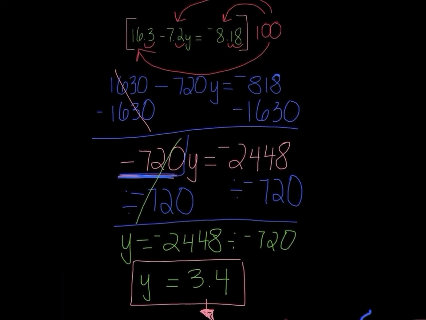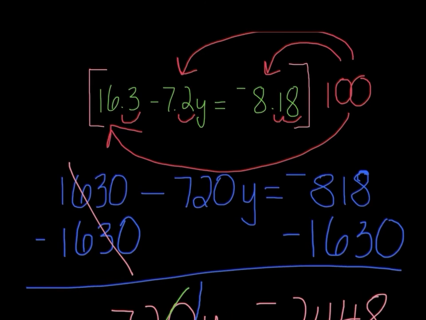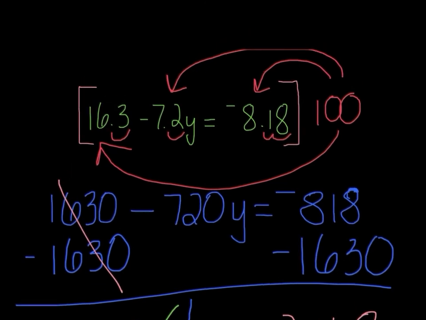Just to recap and move back to the original intention of this video. We see how I started with 16.3 minus 7.2y equals negative 8.18. And from there, I multiplied every single term in the equation, or I could say I multiplied the entire equation by 100.